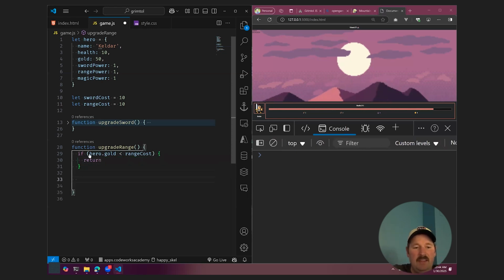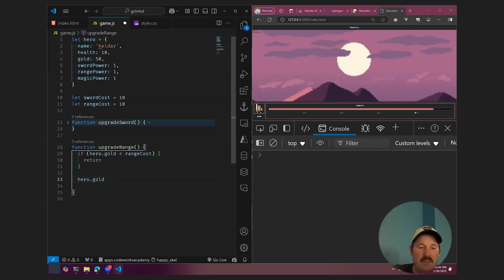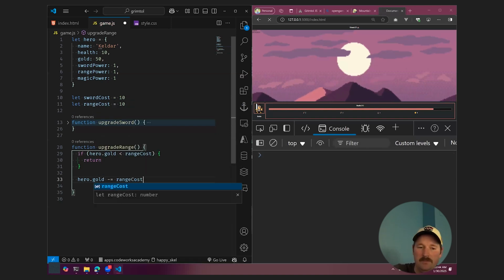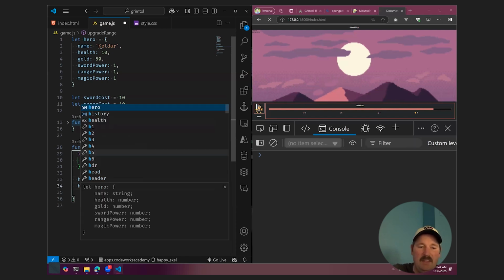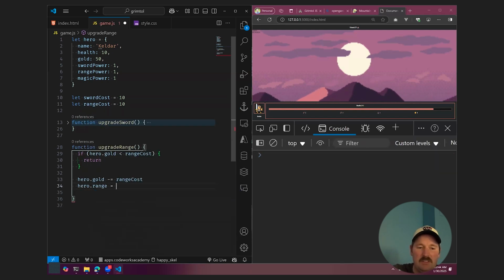Otherwise, my hero.gold is going to go down by the range cost. My hero.range is going to go up. Ooh, this is range power. It's going to go up by 1.